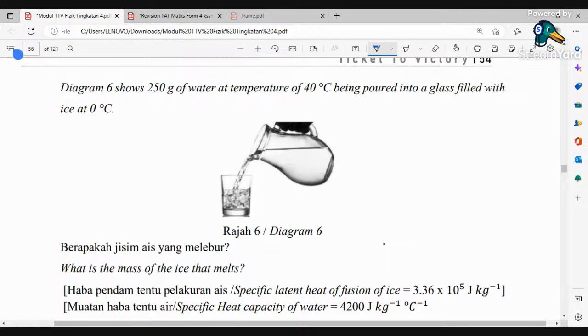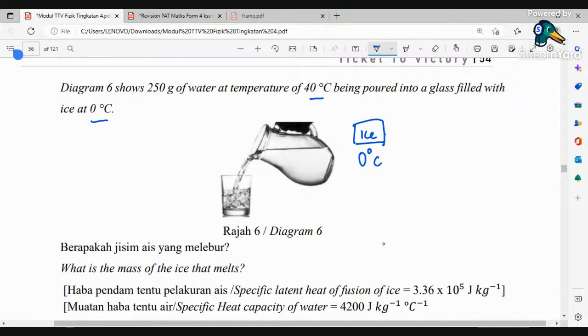So this one is a latent heat of fusion. And then there is change in temperature also, meaning there's also heat capacity. So we want to look at ice. Initially, ice is 0 degrees Celsius.